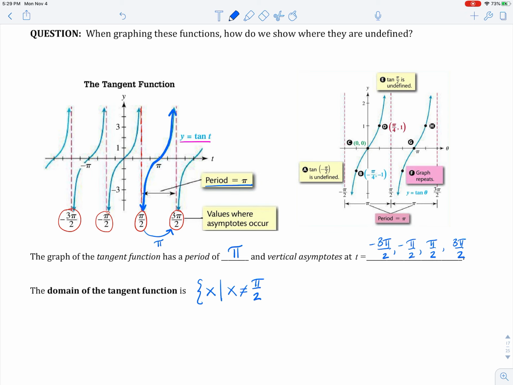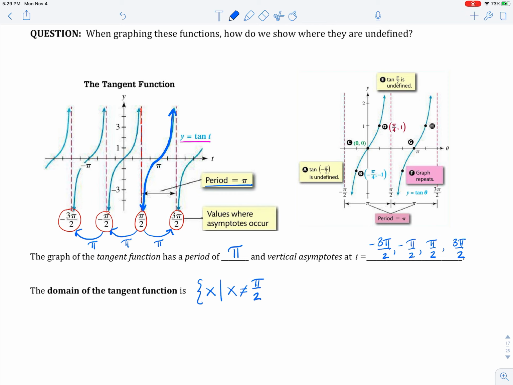As we can see here, the period is pi. And then the difference between pi over 2 and the vertical asymptote to the left, negative pi over 2, is also pi. And then we just keep adding or subtracting pi in between every two vertical asymptotes.